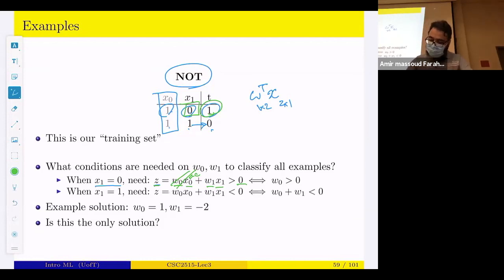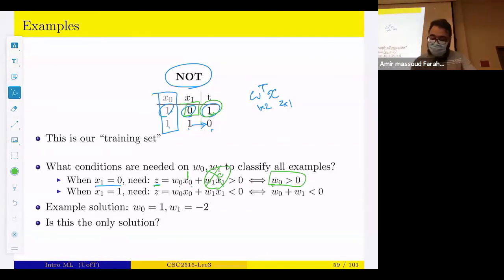We can ignore this term. So W0 times X0, which is 1, should be positive. This gives us a condition that W0 should be positive.